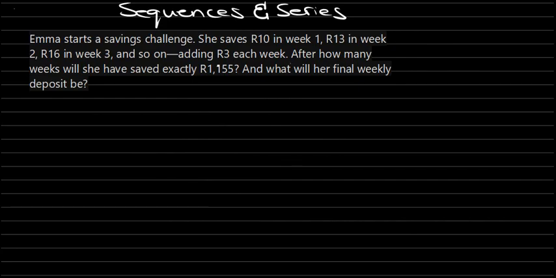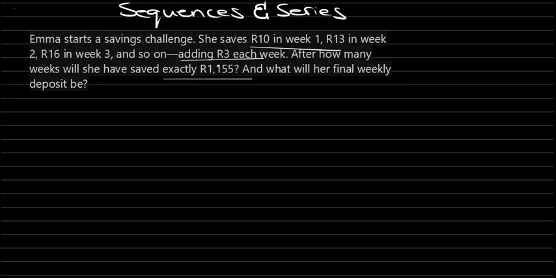Okay, so again, we need to extract some information. We see that there's 10 Rand in the first week, and we see that there's adding 3 Rand each week. That's something important. And we see that there's this number here, 1,155 Rand.